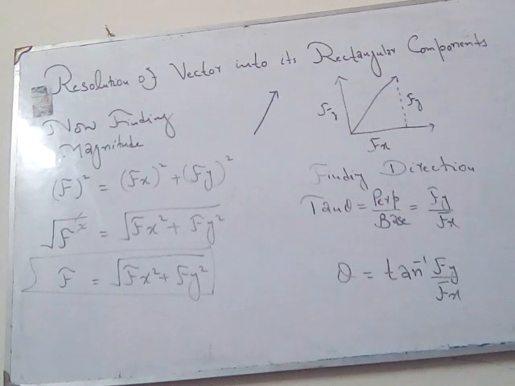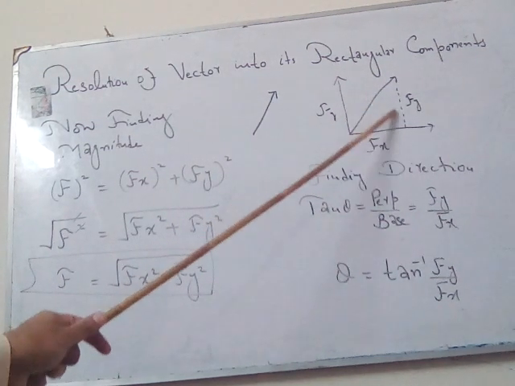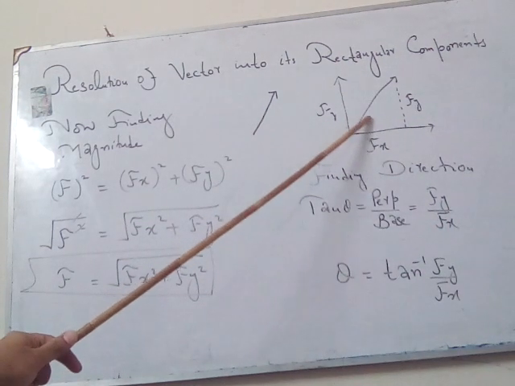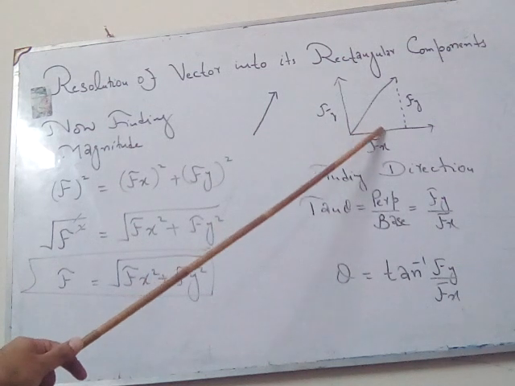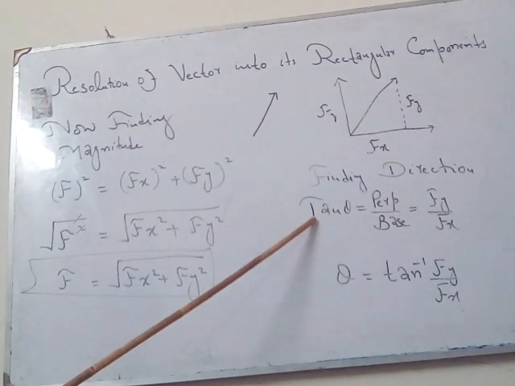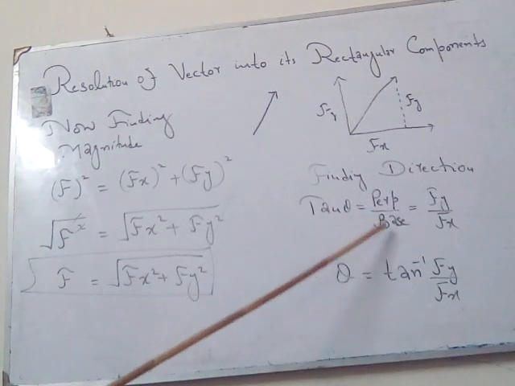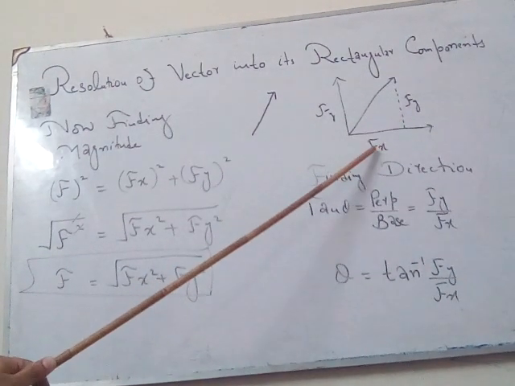Now in order to find the direction of this vector, we will find the theta here with the x-axis. To find theta, we use the trigonometric ratio tangent theta, which is equal to perpendicular divided by base. Here the perpendicular is Fy and the base is Fx.